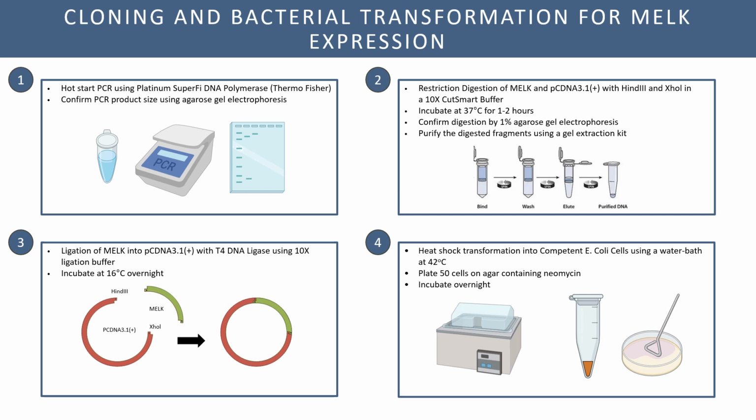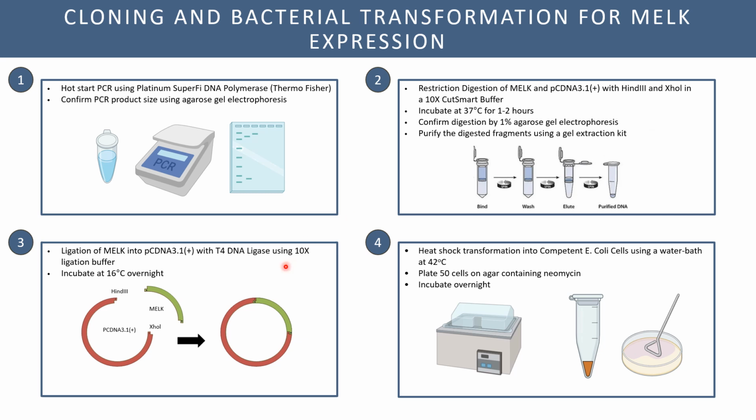The cloning strategy is the amplification of MELK cDNA using polymerase chain reaction. After that, once the PCR amplified MELK fragment is obtained, both the pcDNA3 vector and the MELK insert will be digested using the selected restriction enzymes.